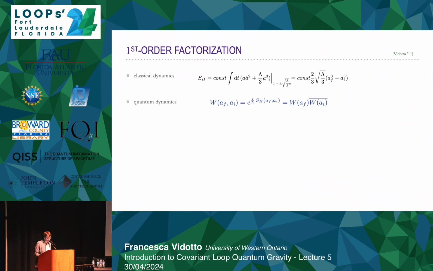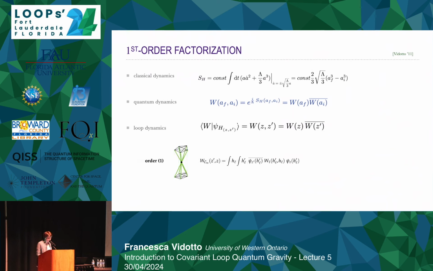But I am stressing this because this is exactly what happens also with the spin foam amplitudes. So, as I say, you can have a 0 order, you can have then a first order. And in the first order, you compute the transition amplitudes between an initial state of your quantum geometry that represents a homogeneous and isotropic universe.